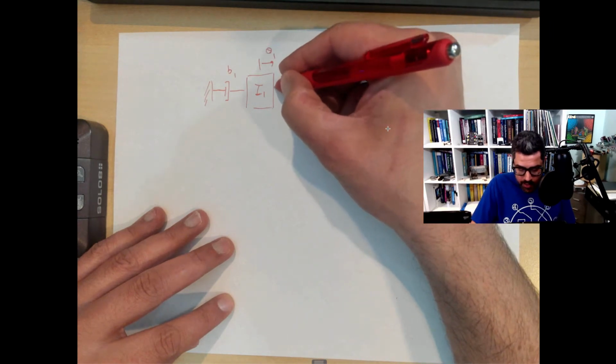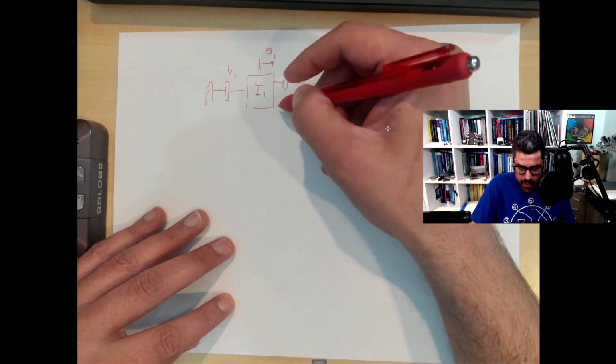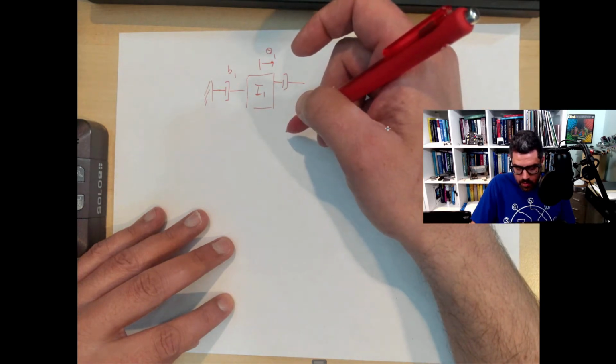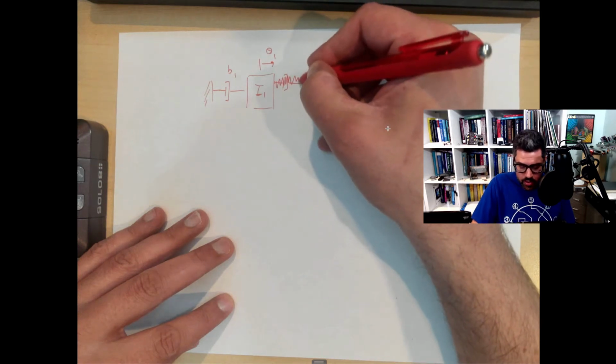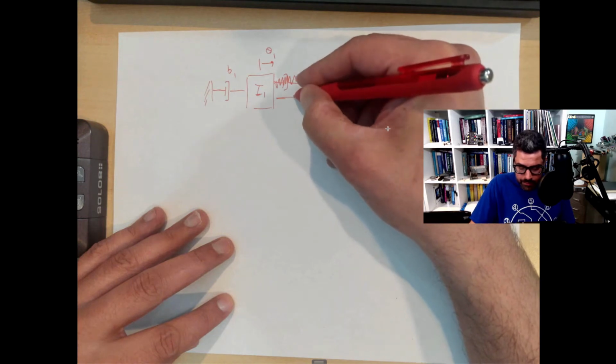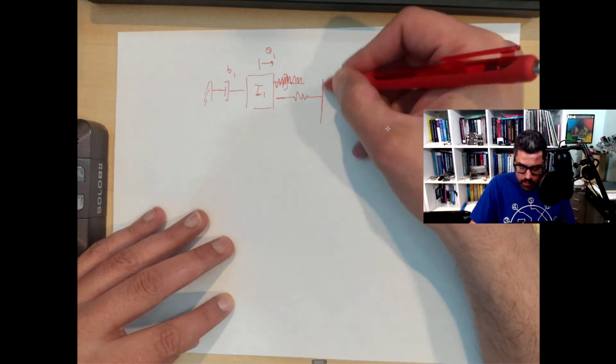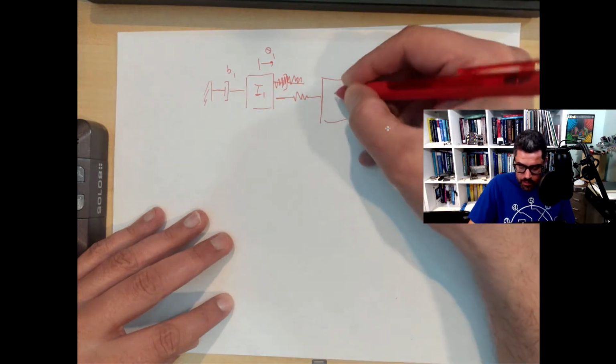Then I have a damper, and actually, no. I'm going to assume there's no damper between. There is a spring between. Let's do the spring. This is I2.